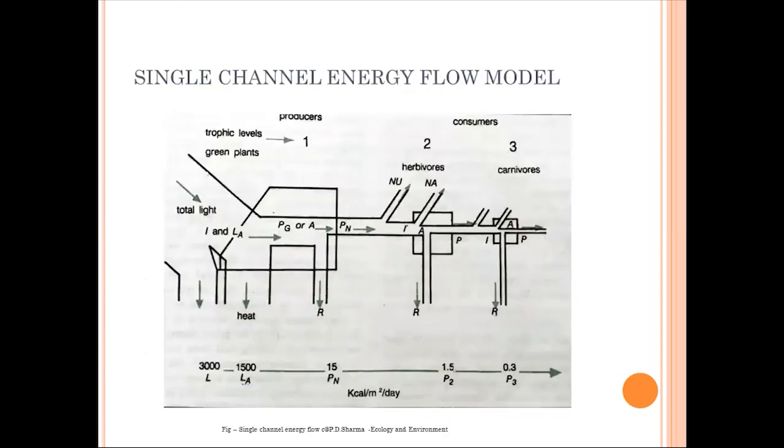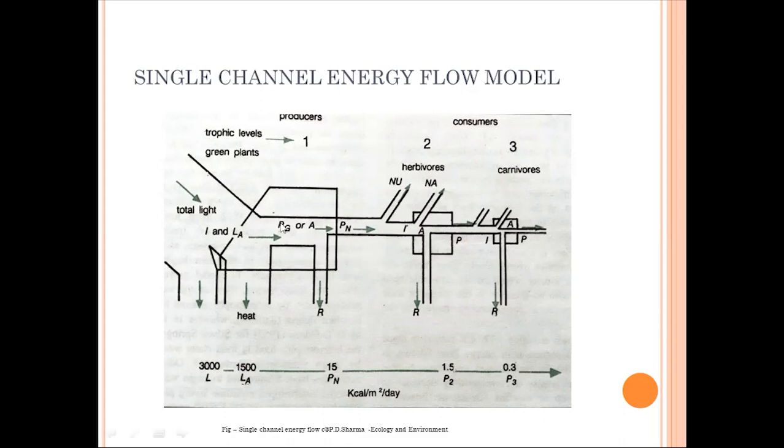Now, this is the single channel energy flow model, which explains the flow of energy from producers to consumers to decomposers. Here, the boxes represent the trophic levels. So, the first box here is the producers.